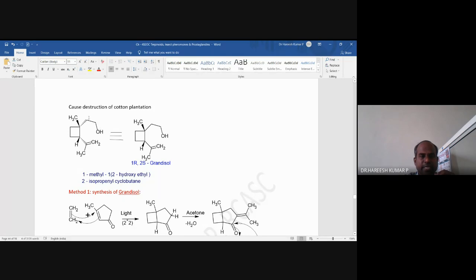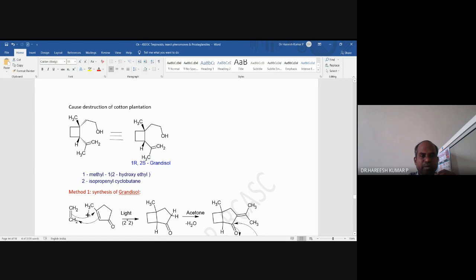On the second position is this group, called isopropenyl, and this moiety is called cyclobutane.